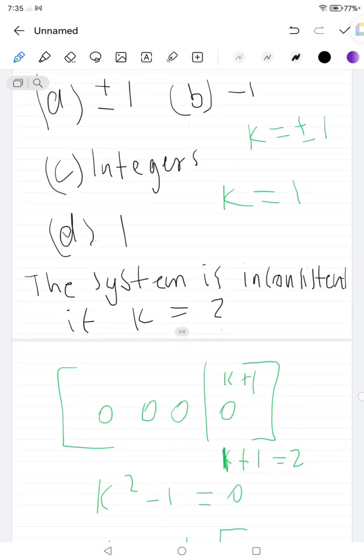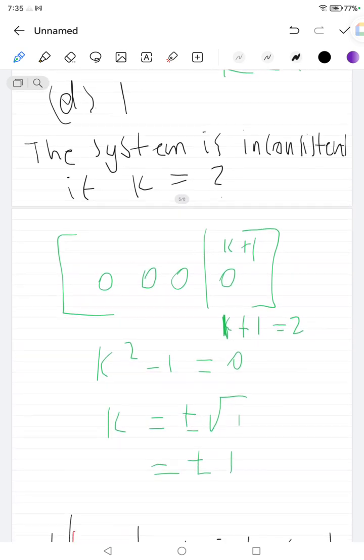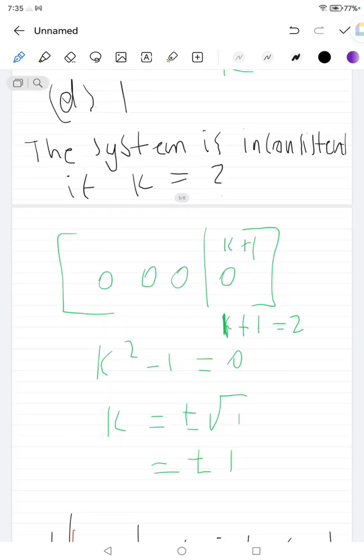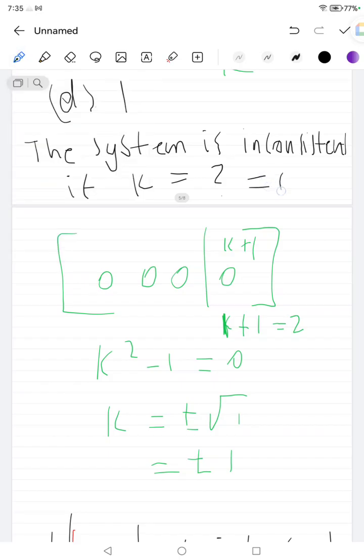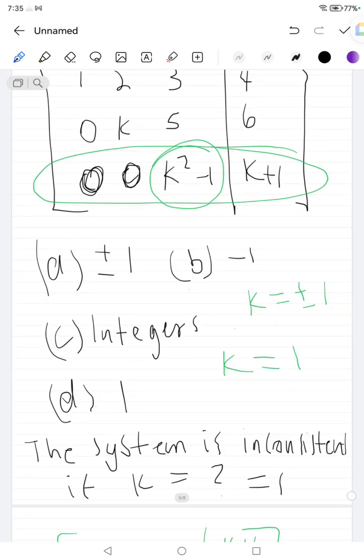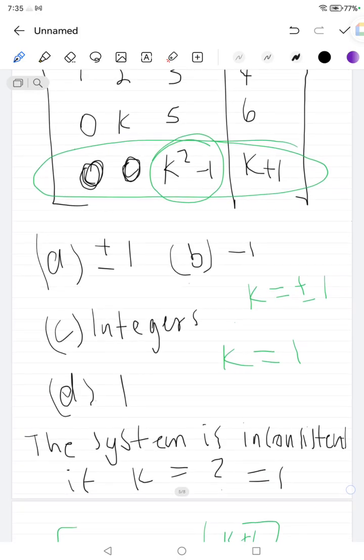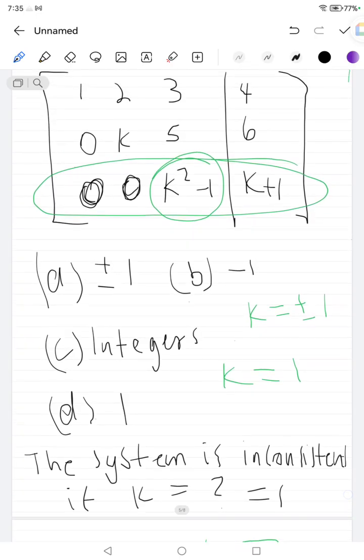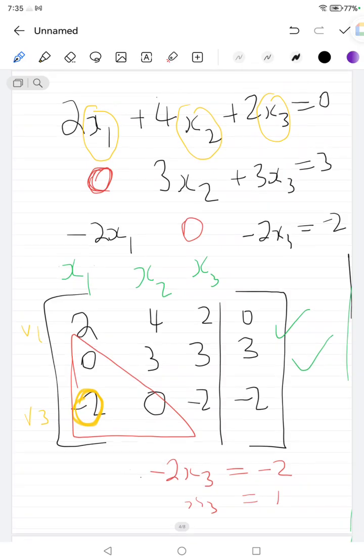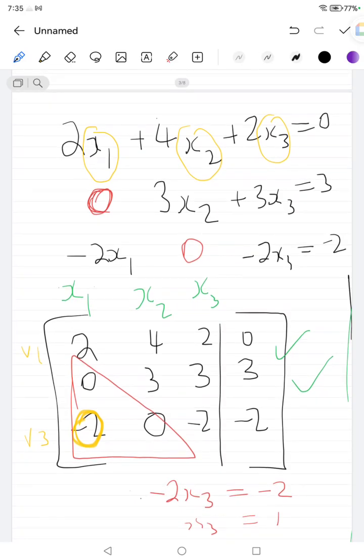And 2 cannot be equal to what's on the left hand side. Hence, the final answer is that the system is inconsistent if k is equal to 1, which is also there in the answers. That will be your two marks.